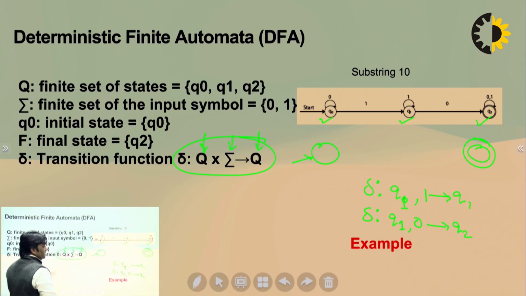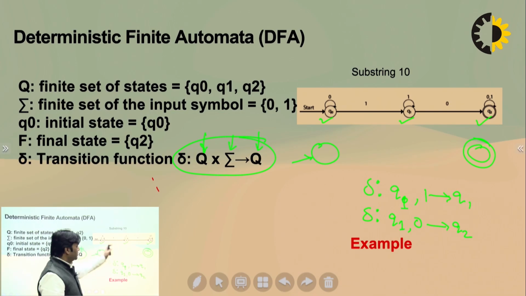This is the transition function, and in this example the substring 10 must occur in our machine.